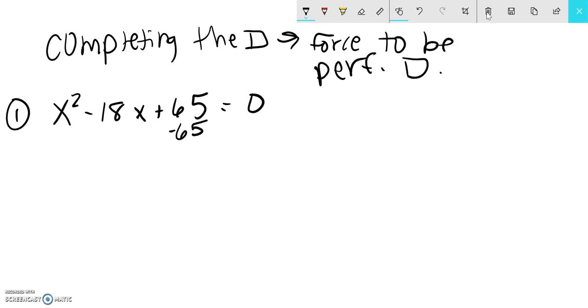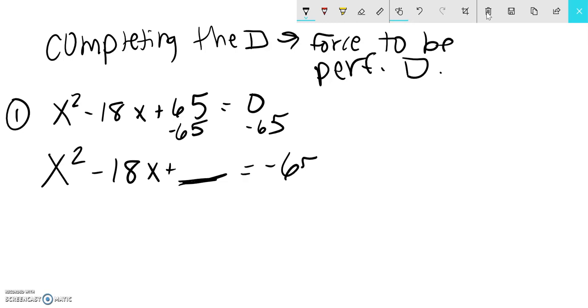So I'm going to start by subtracting 65 from both sides. We get x squared minus 18x plus whatever that number is, I'm going to force to be a perfect trinomial, equals negative 65. What I do to one side, I have to do to the other. So remember, we learned in this section that you take half of b and square it. Half of that 18 is 9. 9 squared is 81.